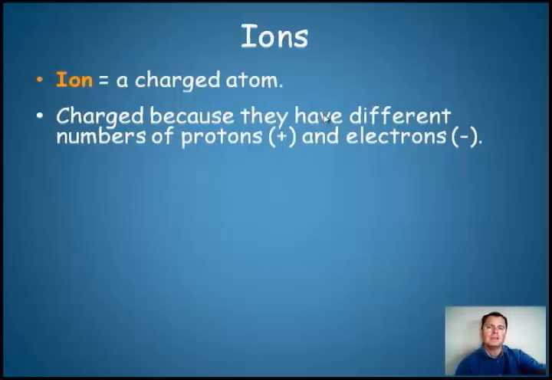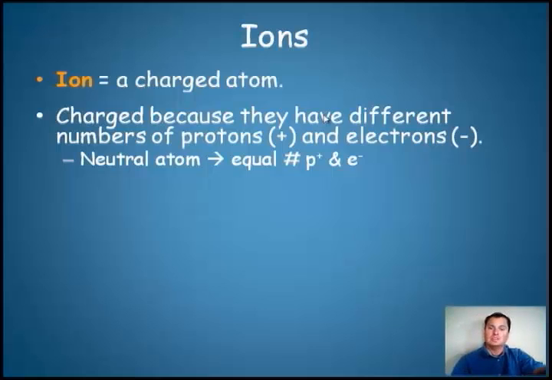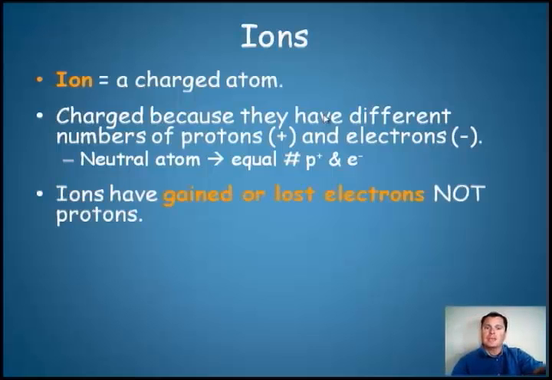So an ion, being a charged atom, has a different number of protons and electrons. It's either gained or lost electrons. Okay? So ions have gained or lost electrons, not protons. Remember that. We can't change the number of protons. If we change the number of protons, we change the element. That's what alchemists tried to do back in the Middle Ages, turn lead to gold. You can't do that.